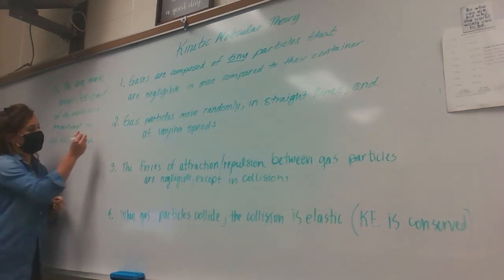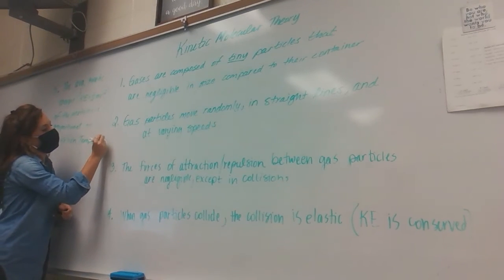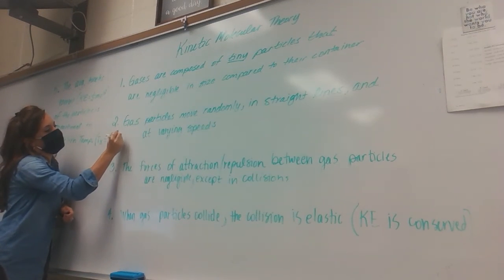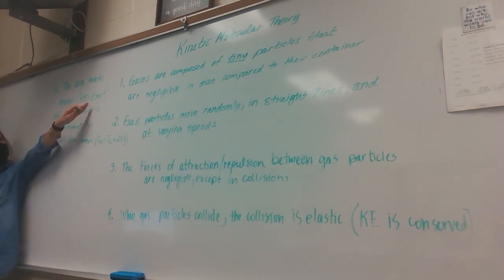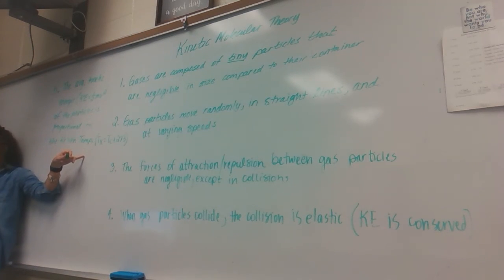And remember, the temperature in Kelvin is Celsius plus 273. At 0 Kelvin, how fast are the particles going? 0. They're not going. They have 0 kinetic energy. As the particles go faster, the kinetic energy is higher, and the Kelvin temperature is higher.